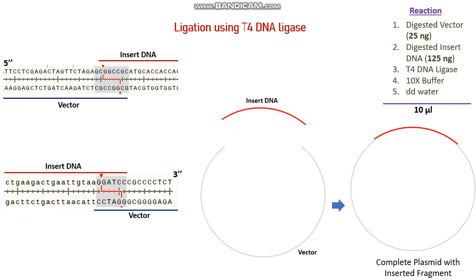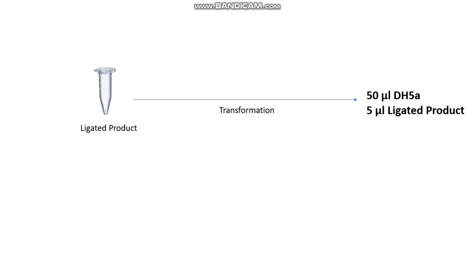But you need to follow the manufacturer instructions. According to the manufacturer instructions, the ratio of the digested vector and the DNA fragment may differ, but usually it is 1:5. You need to incubate this reaction mixture at room temperature for 1 hour. Then this ligated product you directly transform into 50 microliter of DH5 alpha with 5 microliter of ligated product.